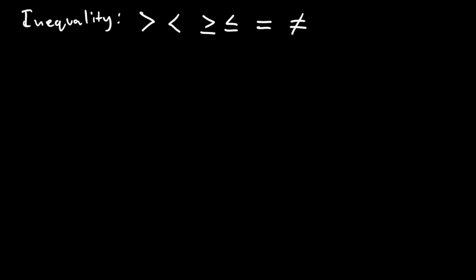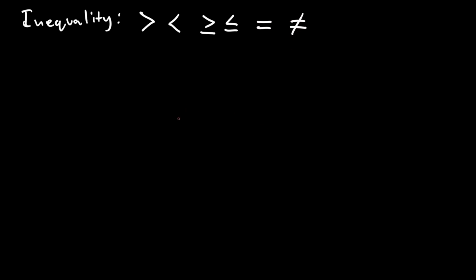Alright, let's talk about notation, or how you write and describe these domains and ranges. Now, there are multiple ways of doing this, and today we're going to be going over the inequality method and interval notation. For the inequality method, what you're basically doing is describing the possible values using inequality signs. For example, you could use greater than, less than, greater than or equal to, less than or equal to, or not equal to.